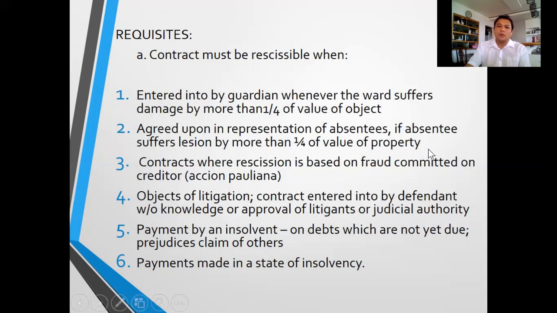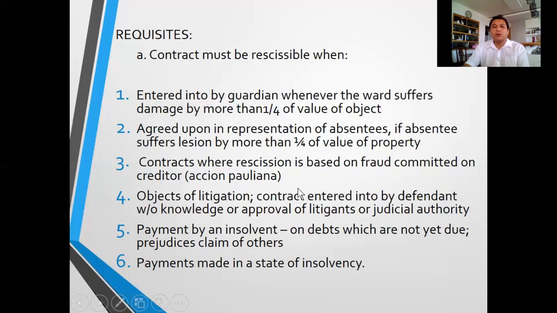Here, the absentee suffers lesion or damage of more than 1/4 of the value of the property. So upon his return, when he finds out that his property has been sold by a representative to whom he has not given authority, then he can file for rescission to claim for the damage.